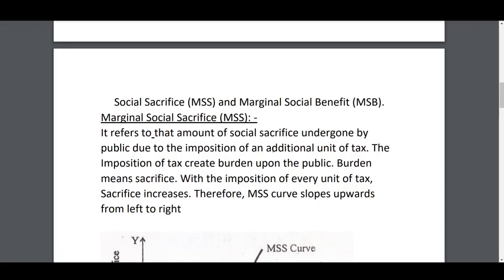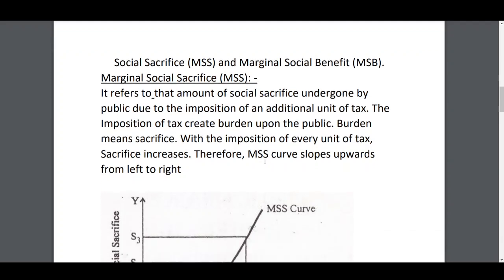So whenever the government imposes an additional unit of tax, the sacrifice increases. Sacrifice is the opposite of pleasure and happiness. We can say it is a burden upon the public whenever the government imposes an additional unit of tax.